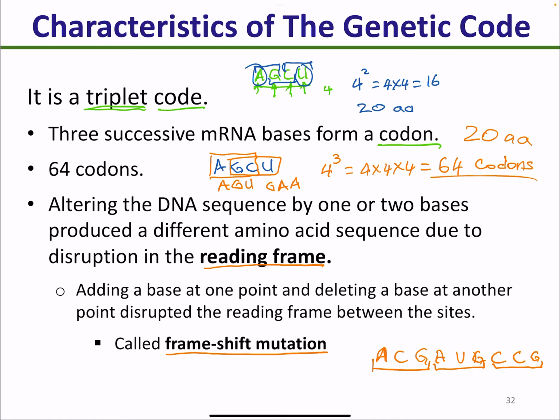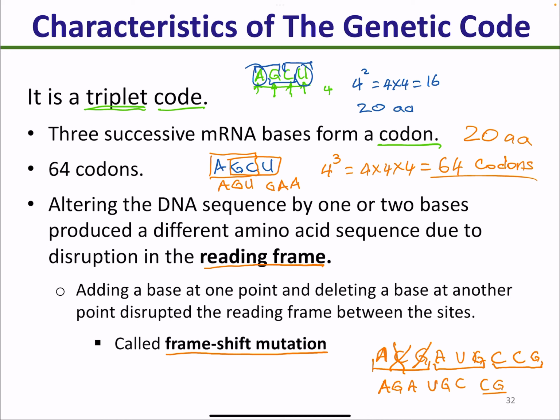That's your frame, your reading frame. If you lose one of these nucleotides, then you're not going to have ACG anymore. You're going to have A, G, A, and then U, G, C, and then you're going to have a CG here that is going to have no equivalent amino acid.